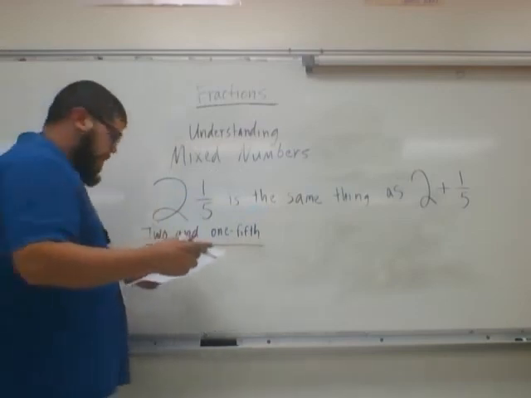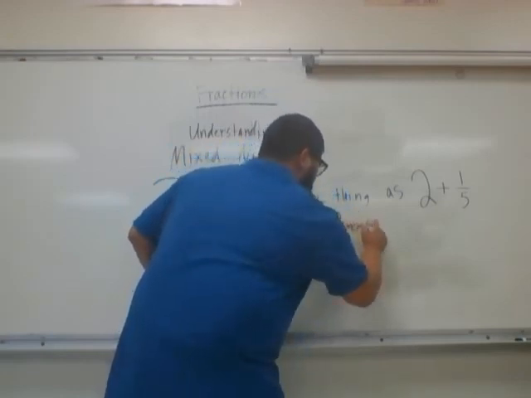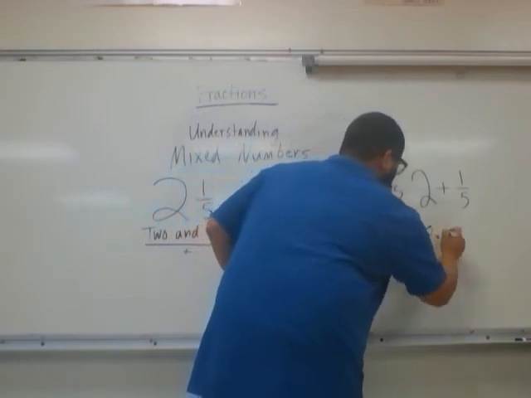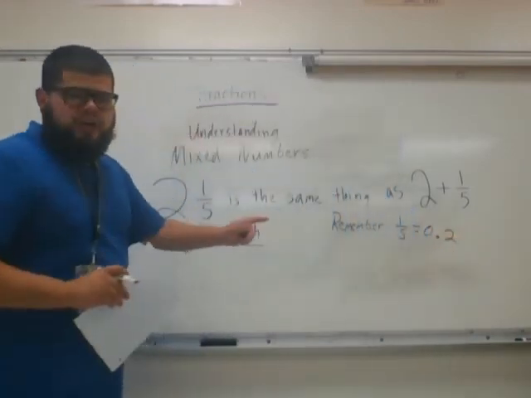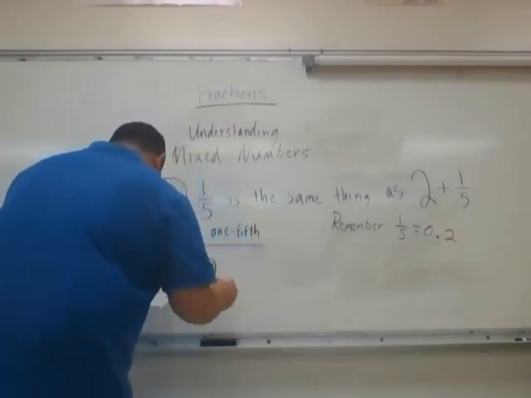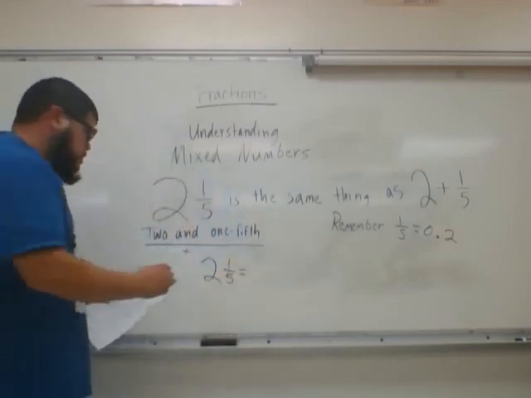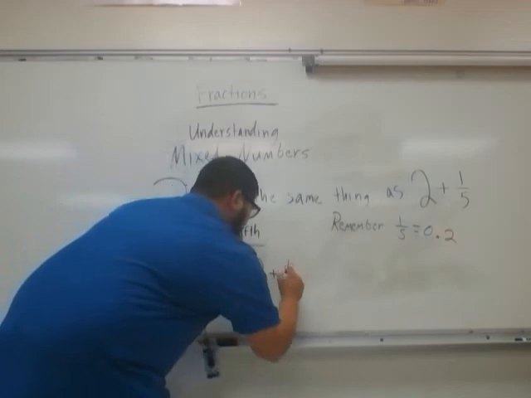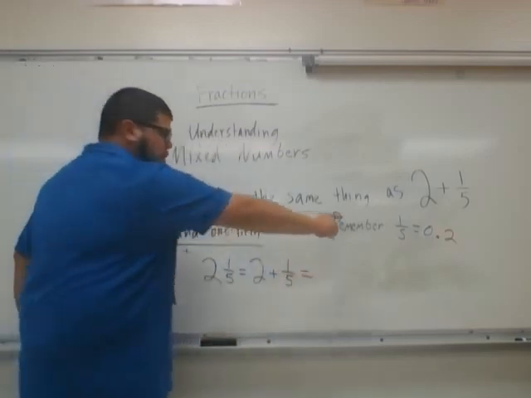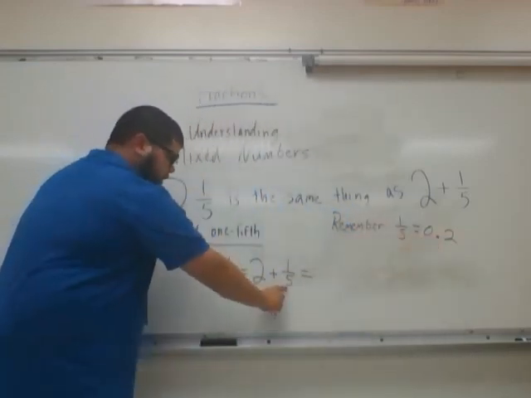Okay? And we also want to remember that 1/5 is the same thing as 0.20 as a decimal. And we'll talk about how to convert that as well. And so we know that 2 and 1/5 is equal to 2 plus 1/5, which we said 1/5 is the same thing as 0.2. So we can actually change this to 0.2.